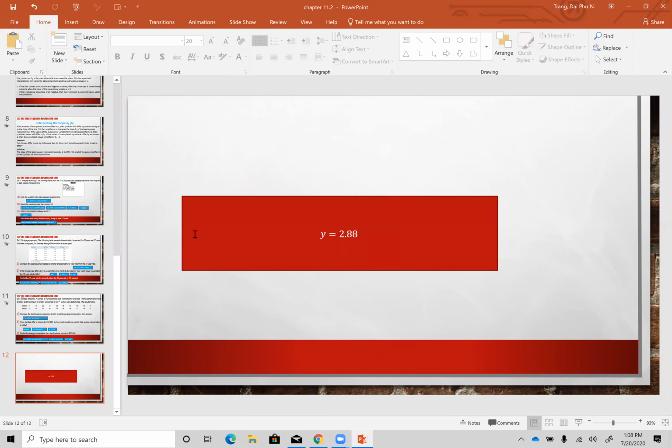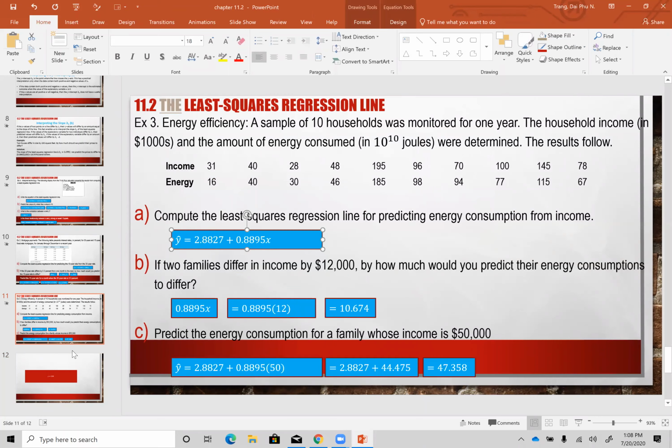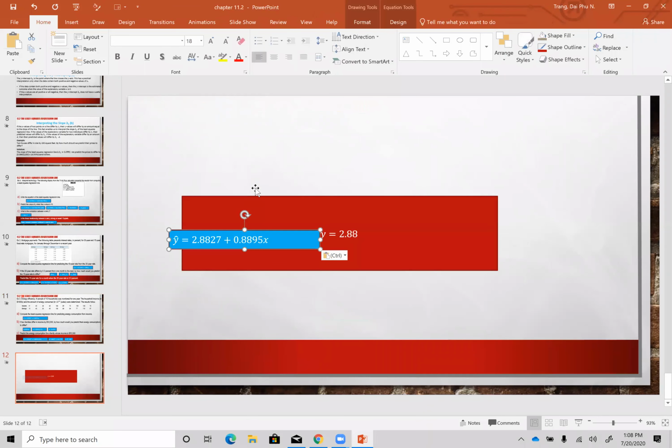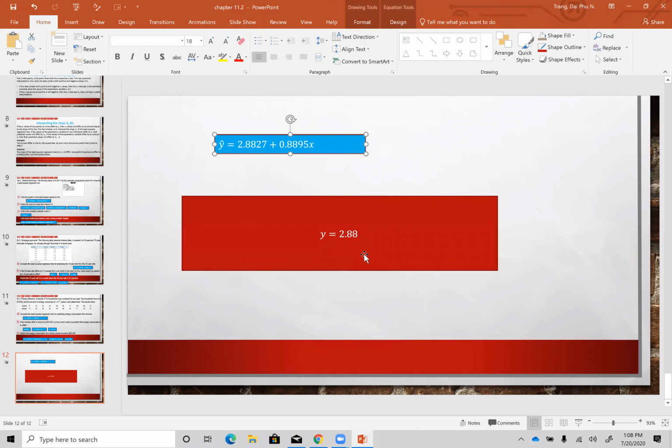So this is your equation right here. Help me out here. This is your equation of the line. If you were to plug this thing in for the 12, if you use this whole item like this, what do you get?